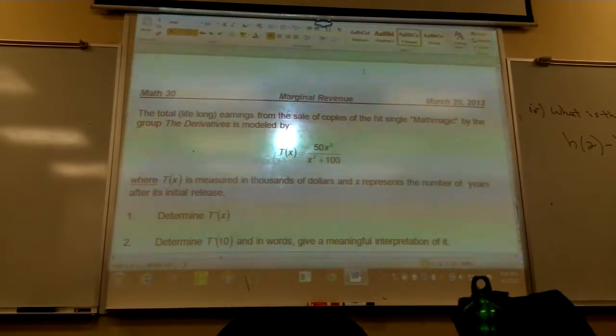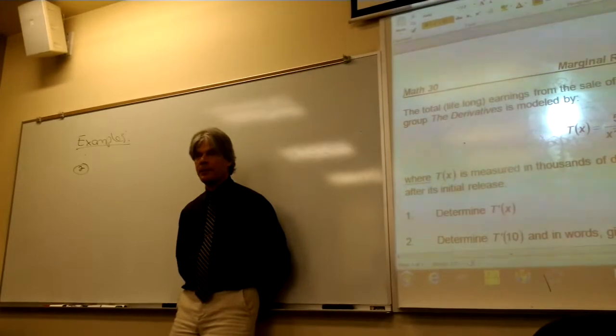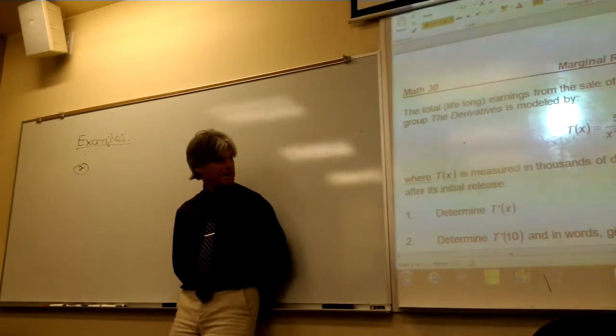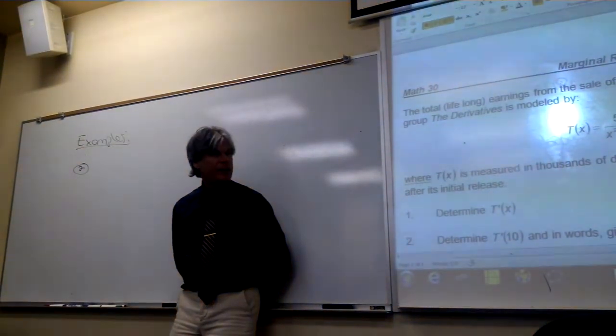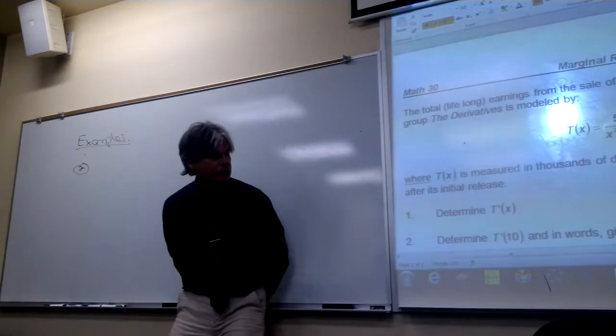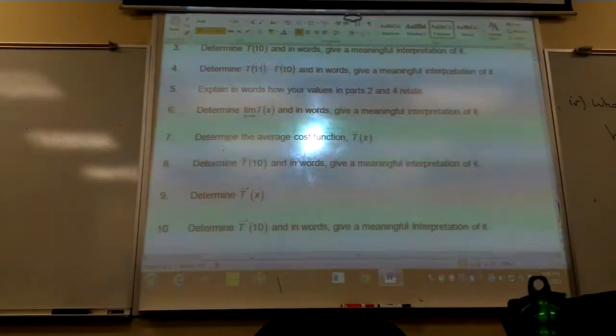So, you guys ready? You read the question? We've already done this, but if you guys don't mind, I'm going to scroll down because I've added to this. If you now know what that function big T is, what can you say about the average cost function?